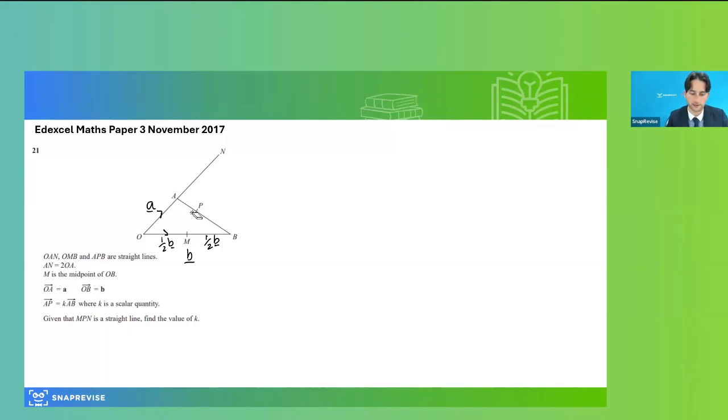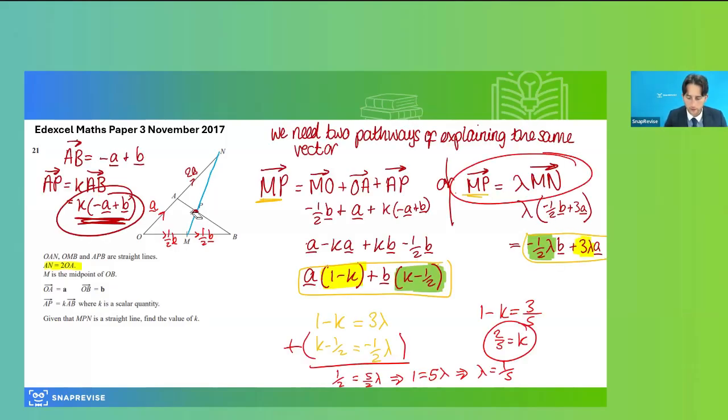The first thing I'm going to do is add that thing on, MPN. And I've now got the key to this question, this type of horrible vector scale factor one, which is to find two different routes to describe the same thing. So what I'm going to do is think about describing M to P in two different ways, and I'm going to show you how to do this now.